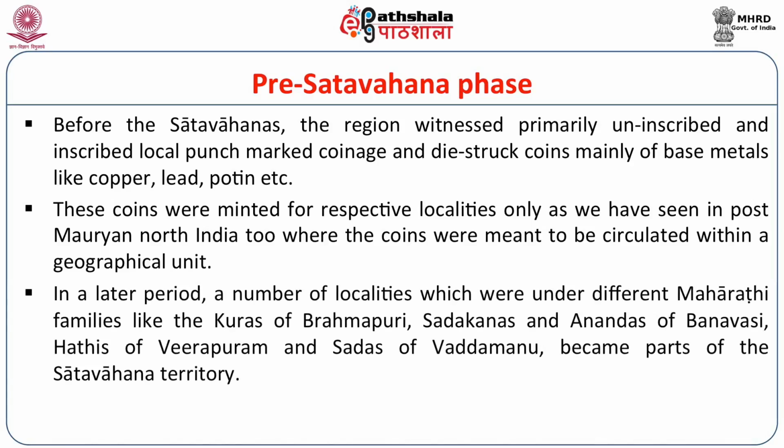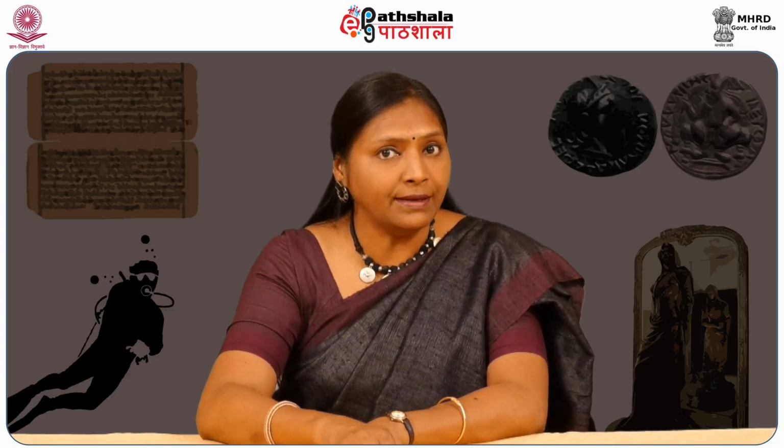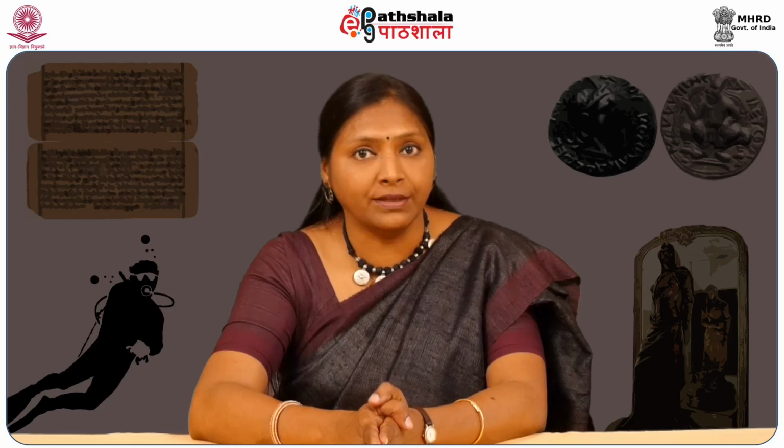In later period, a number of localities which were under different Maharathi families like the Kuras of Brahmapuri, Sadakanas and Anandas of Banavasi, Hathis of Veerapuram who were ruling in the Rayalaseema area, and the Sadars of Vadamanu became parts of the Satavahana territory. So you find firstly the presence of these localities, and later on they have been consumed or annexed by the Satavahanas.